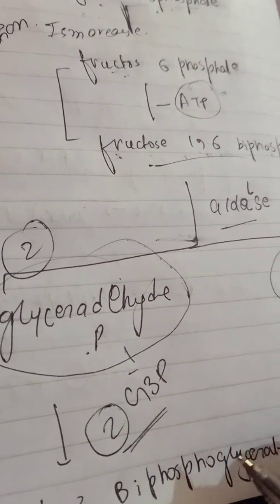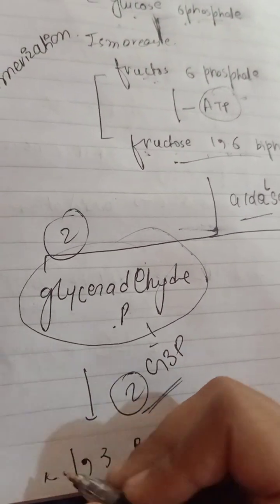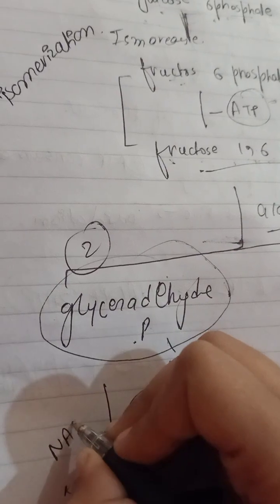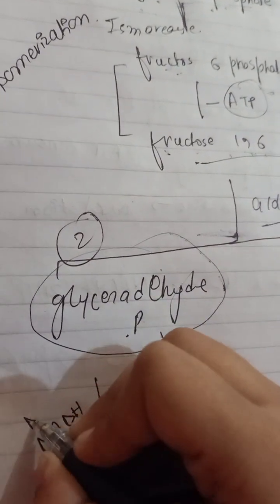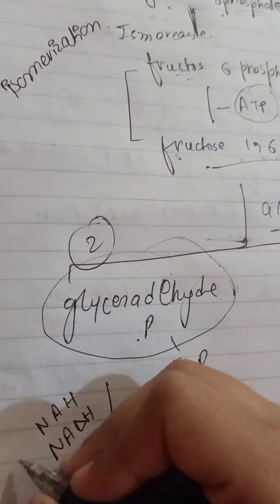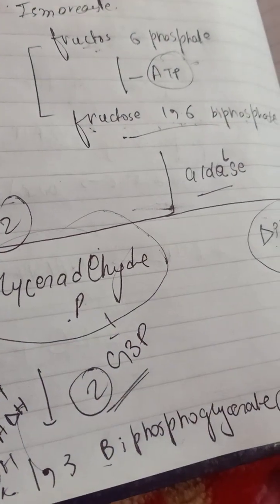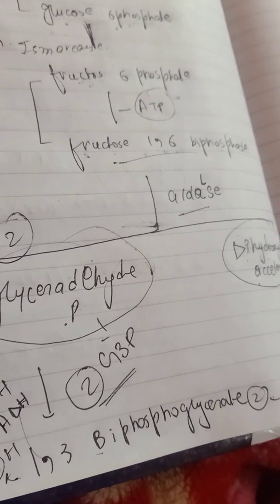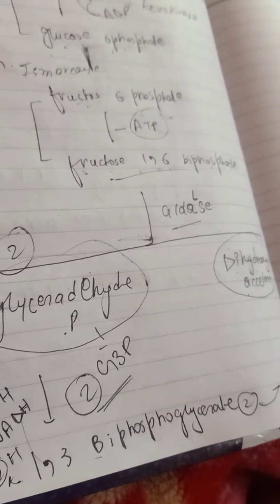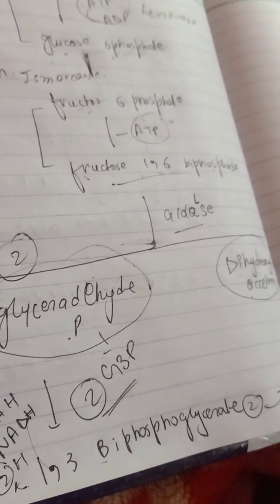With the help of NAD, it will be accepting the two hydrogen, and it will convert into 1,3 bisphosphoglycerate, two molecules of bisphosphoglycerate.